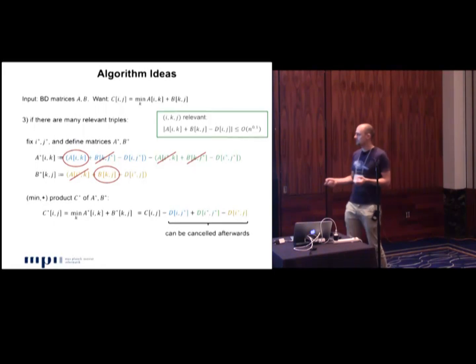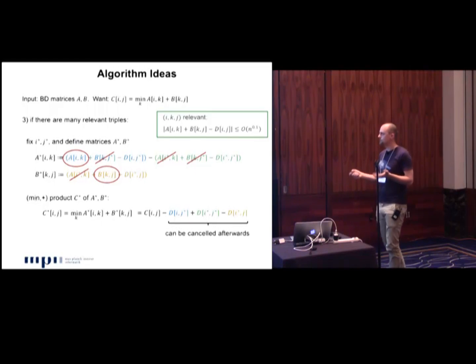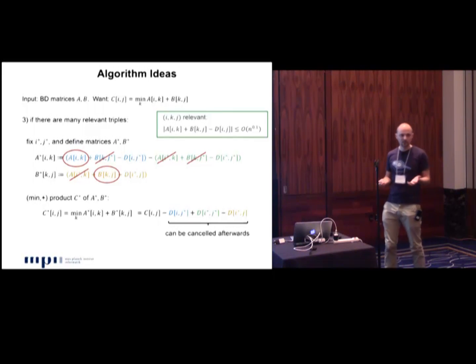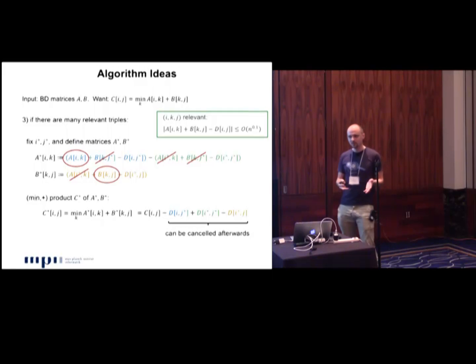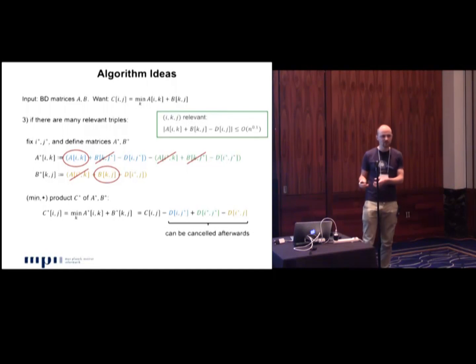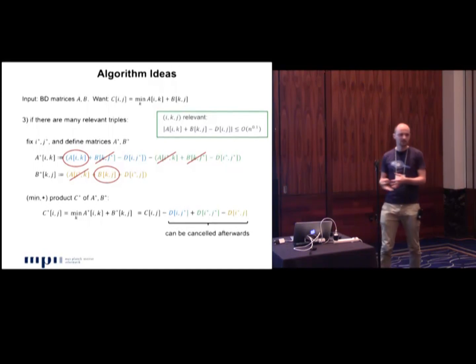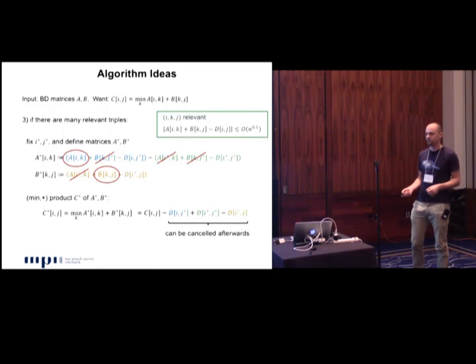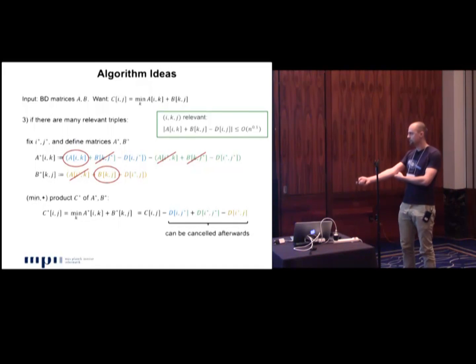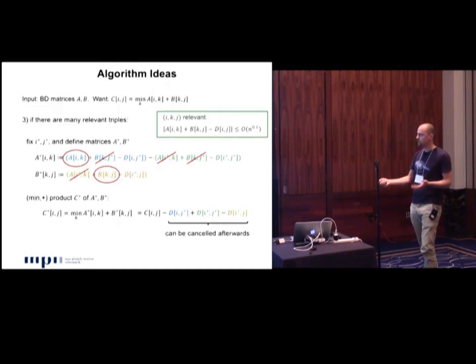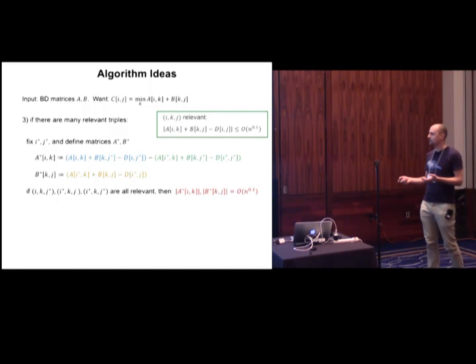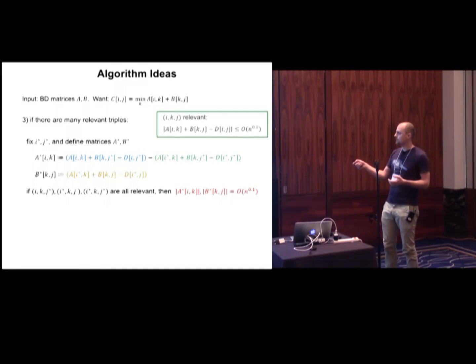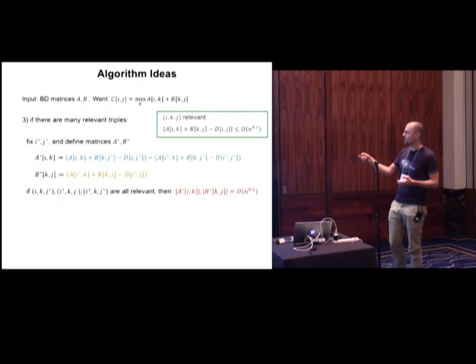So we see that we don't lose anything, because instead of computing the min plus product of A and B, we can just compute the min plus product of A star and B star, and both things are equivalent. We can reduce them to each other. Okay, so we didn't lose anything, but what did we gain? Well, these three things, they correspond to this relevant thing here.